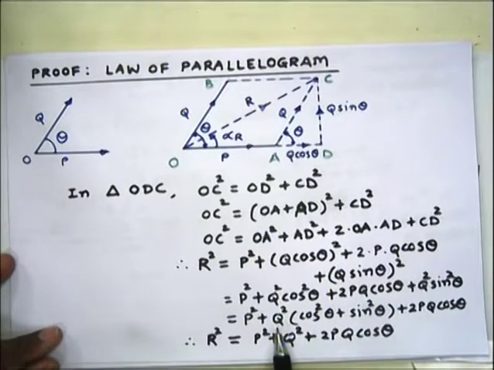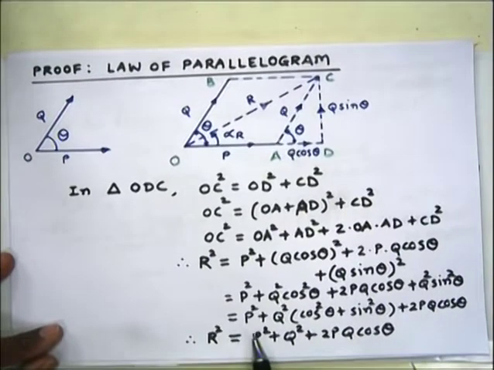On simplifying, we get P square plus, here Q square cos square theta plus Q square sin square theta, where Q square is common. So Q square into the bracket cos square theta plus sin square theta, plus 2PQ cos theta. And here cos square theta plus sin square theta is equal to 1.